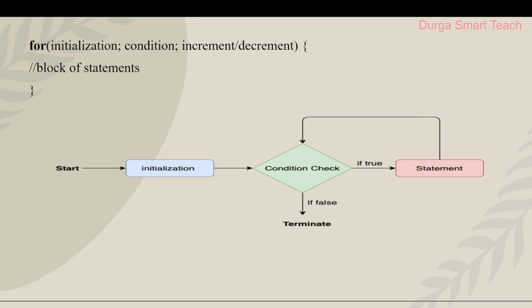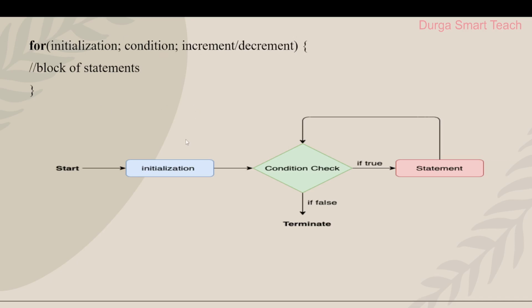If the condition is true, then only the block of statements is executed. Otherwise, it will come out of the loop, out of the block. If the condition is true, then the statements are executed, and after that it will increment or decrement the variable. After incrementing, again it will check the condition. So this task will be executed repeatedly until the condition is false.